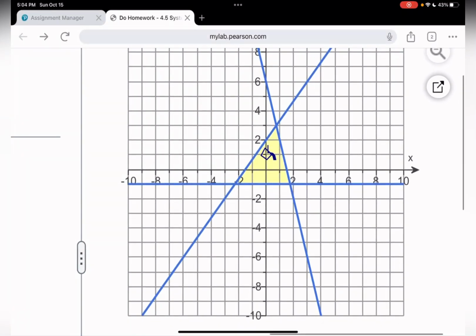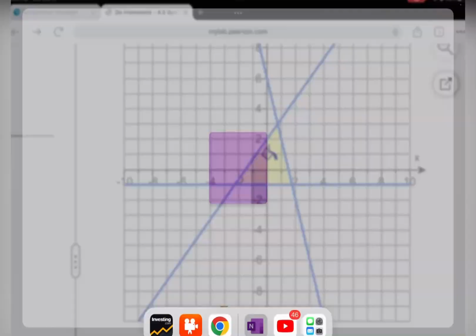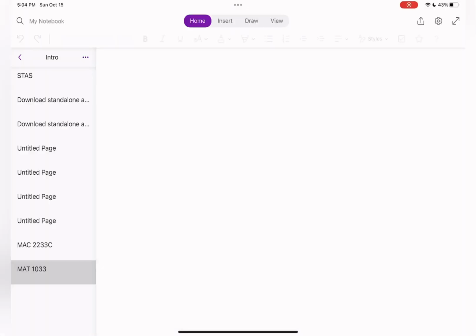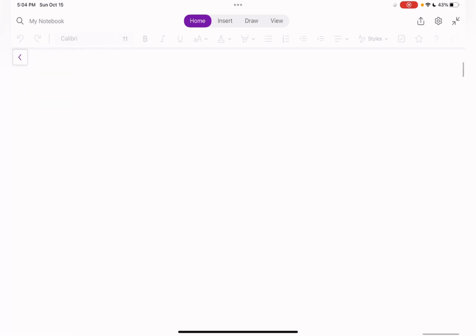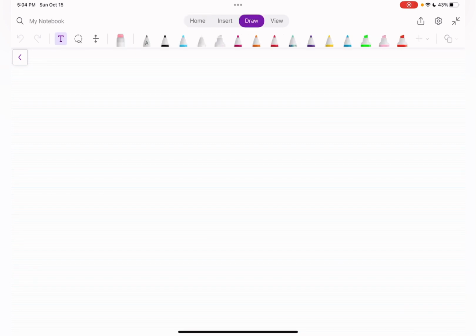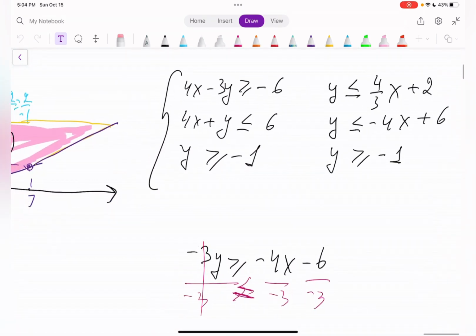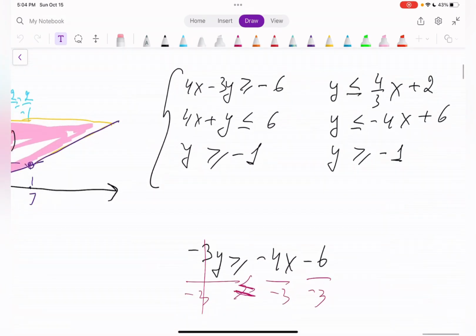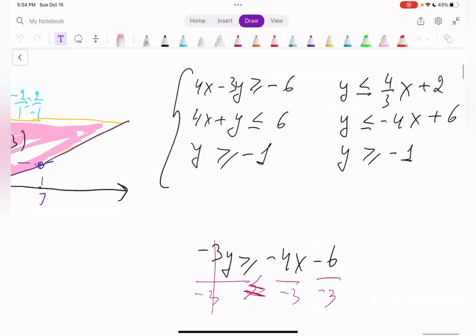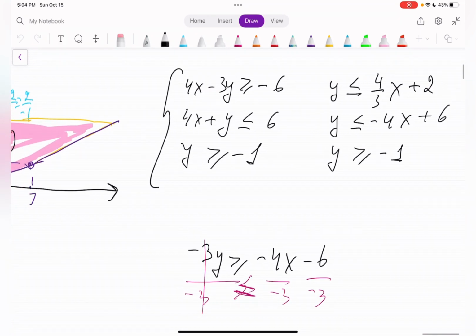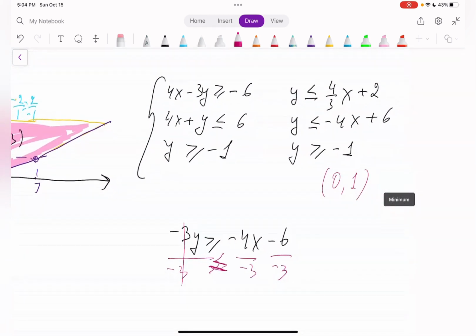Let's say I'm taking x is 0 and y is +1. 0 and +1. Here it is. Okay, so let's put it together.